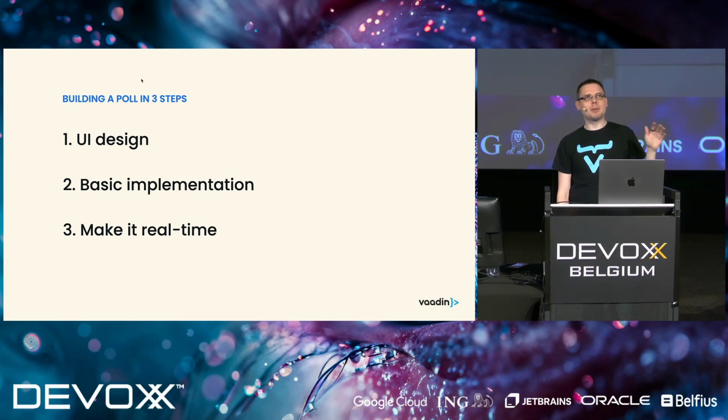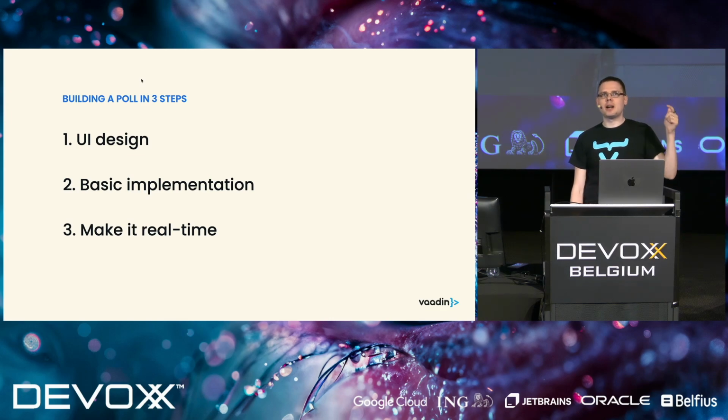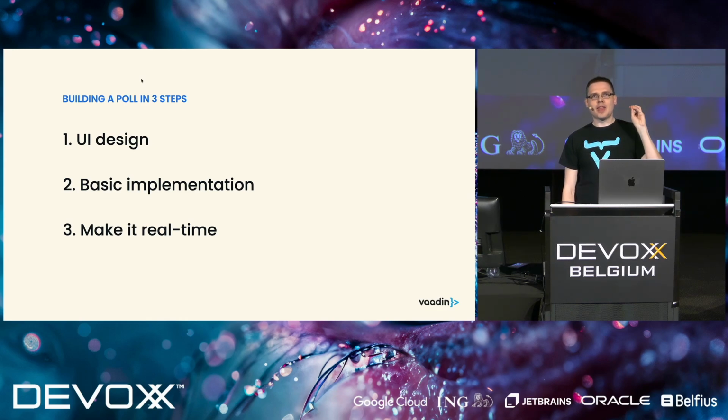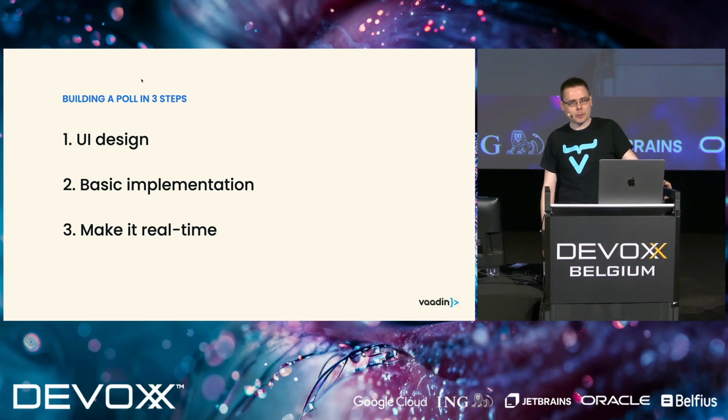Just keep it really simple. And then, thanks to this mindset of sharing the UI state and building a little bit of library around that, it's really easy to go and make it real time in almost no time. So that's what we're going to look at here.